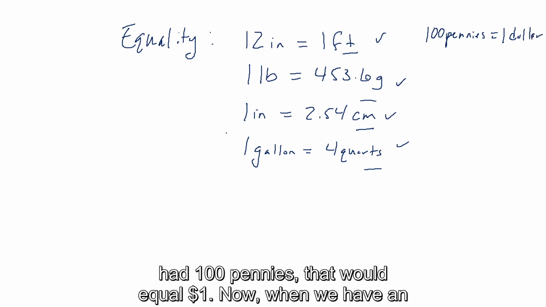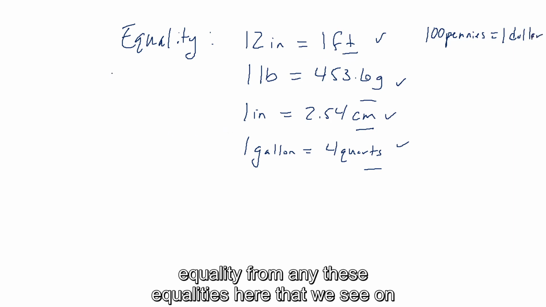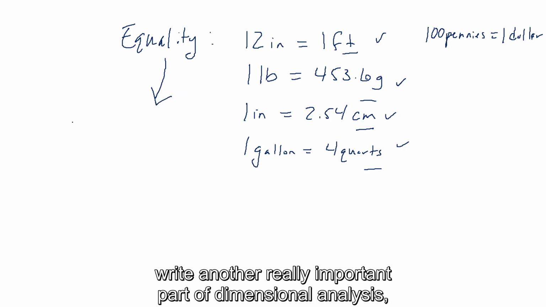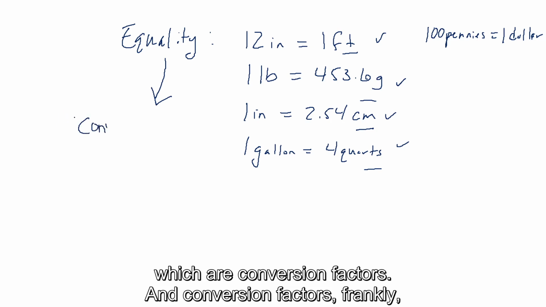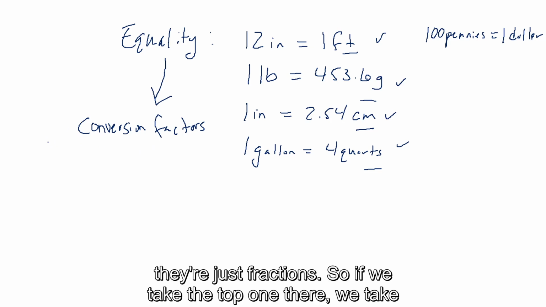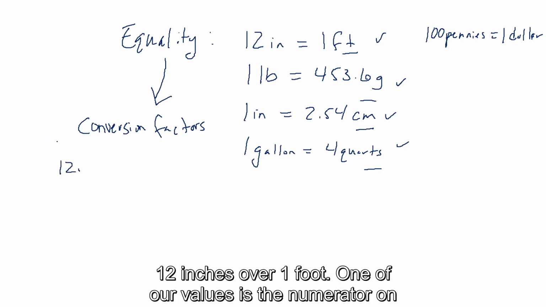Now, when we have an equality from any of these equalities that we see on the screen, or really any equality that you come across, you could write another really important part of dimensional analysis, which are conversion factors. And conversion factors, frankly, they're just fractions. So if we take the top one there, we take 12 inches over 1 foot.